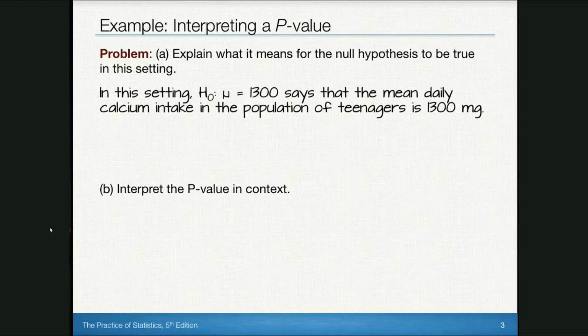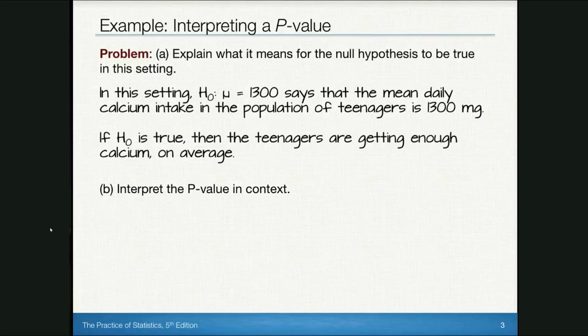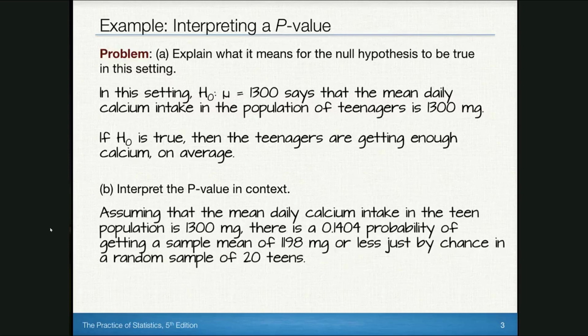Well, in this setting, the null hypothesis is mu equals 1,300. This says that the mean daily calcium intake in the population of teenagers really is 1,300 milligrams. So if the null is true, then the teenagers are getting enough calcium on average. Now, assuming that the daily mean calcium intake in the teen population is 1,300 milligrams, there's a 0.1404 probability, or about a 14% chance of getting a sample mean of 1,198 milligrams or less just by chance in a random sample of 20 teens.